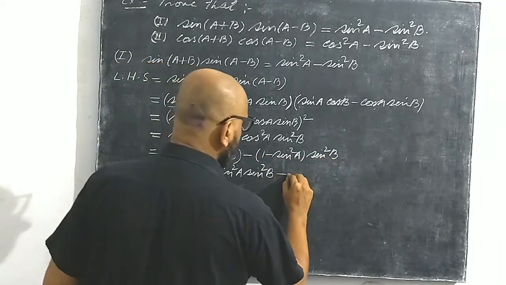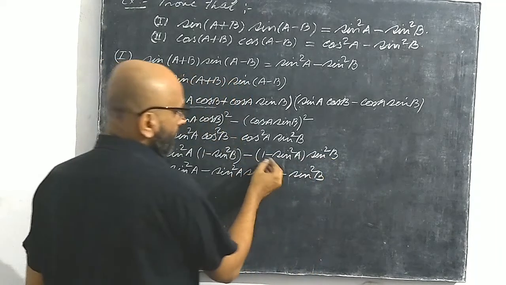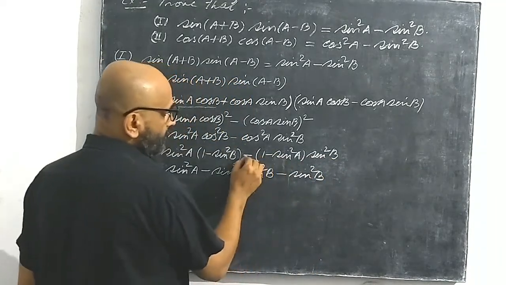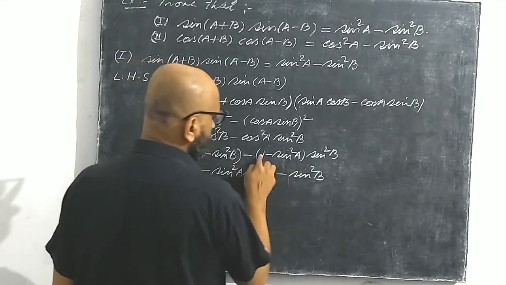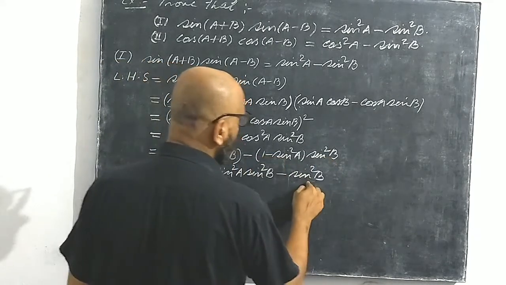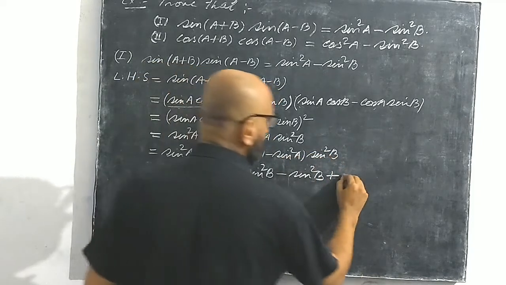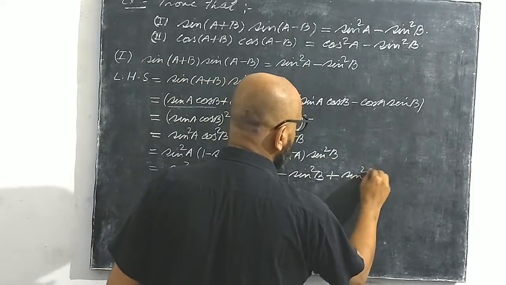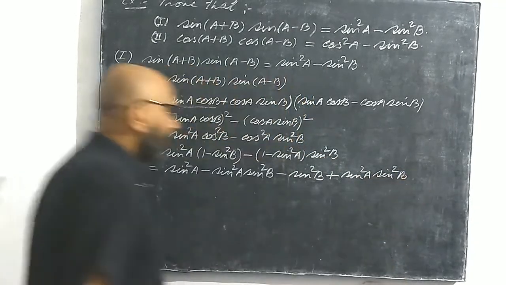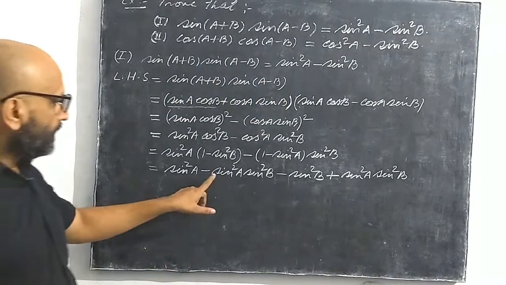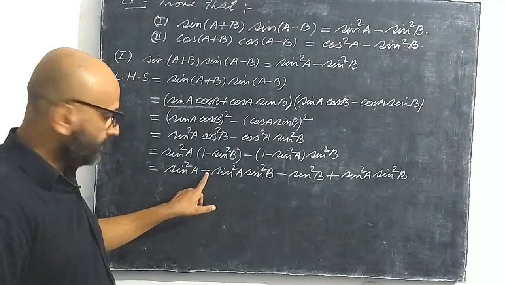Then minus (1 minus sin square A) sin square B. Here be careful about this minus, because if you open the bracket, the sign of both the terms will change. So minus into 1 gives minus sin square B, and minus into minus gives plus sin square A into sin square B. Now if we observe attentively, we see these two terms are identical, having opposite signs.